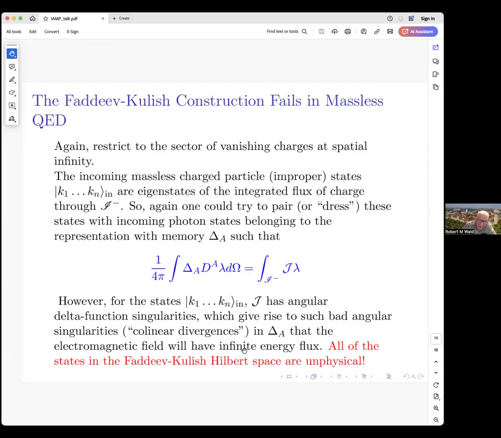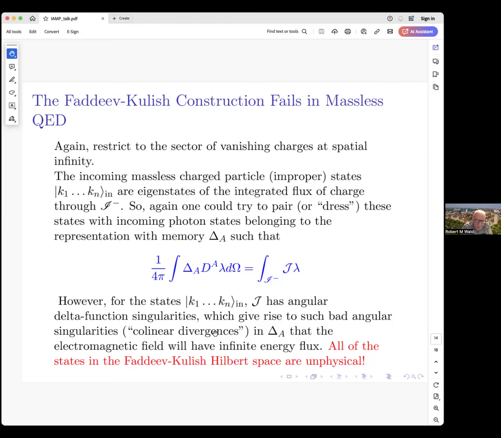Even though this is all very low frequency, the angular behavior is bad enough that if you try to do the Faddeev-Kulish construction, the dressing states that you get are all unphysical. This extra bad angular behavior corresponds to what people refer to as collinear divergences in massless charged fields.